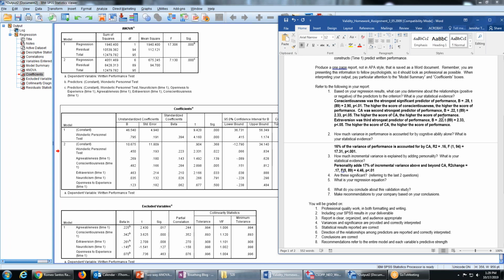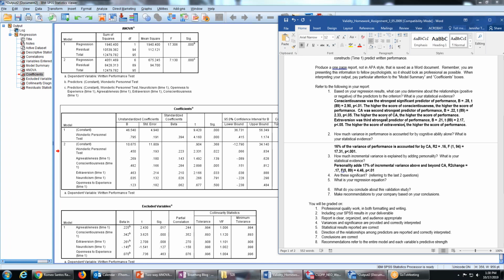That B is 0.21. And my T is 2.17. And the significance stays the same. Okay, the higher the score of extroversion, the higher the score of performance. Okay, so those are my relationships.